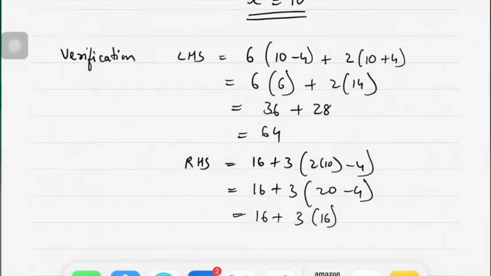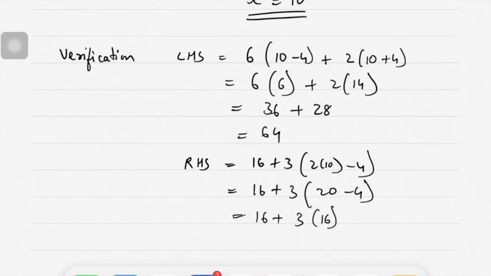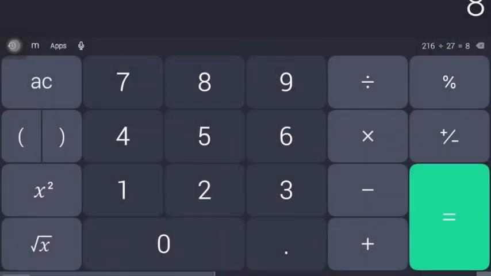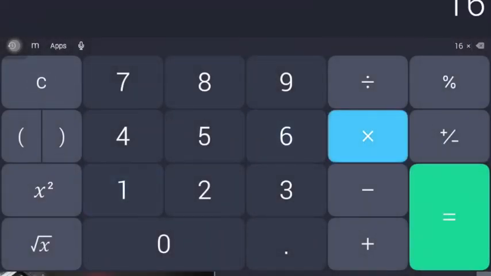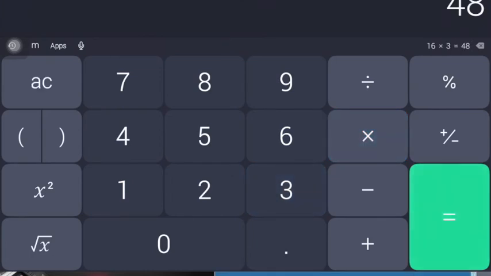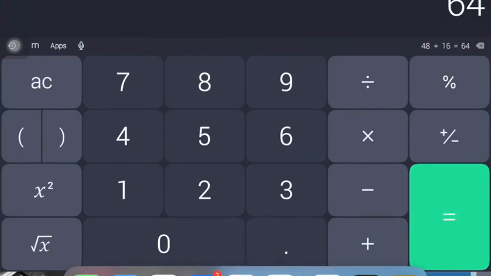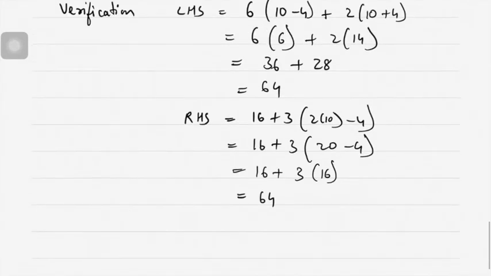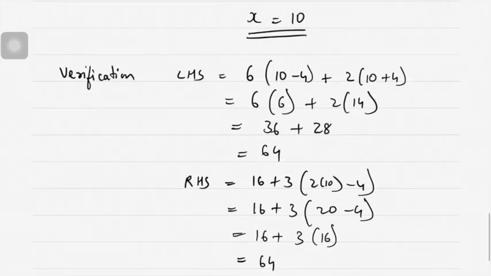So 16 into 3 plus 16. 16 into 3 is 48 plus 16 is equal to 64. So that means this is 64. Therefore, LHS is equal to RHS. Okay, so verification done. x is equal to 10 is the correct answer. Right?